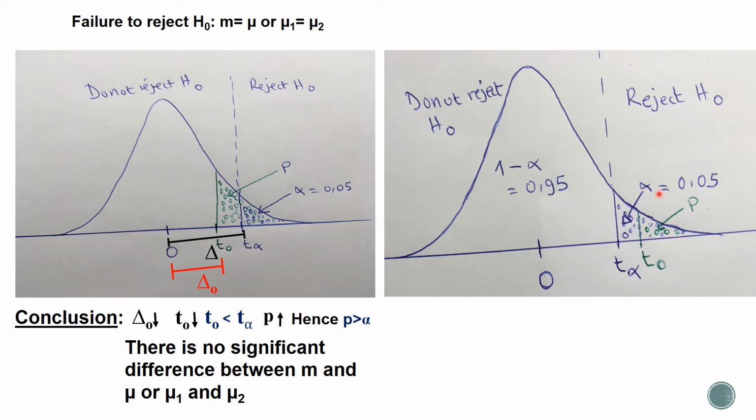And when p is less than alpha, it means that, in a real population, the probability of the observed difference being due to random sample error is less than the prefixed probability.